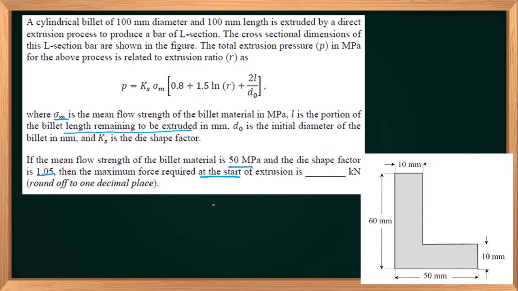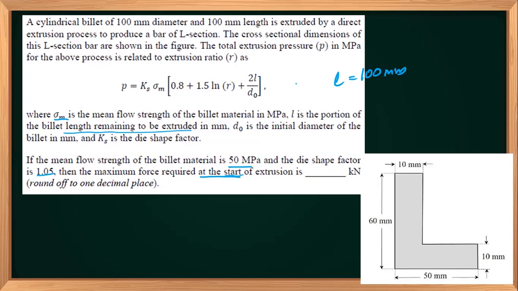Okay. So that is the time where the maximum force occurs, and that's exactly what they asked us to find out. So in this equation, L will be nothing but 100 mm.